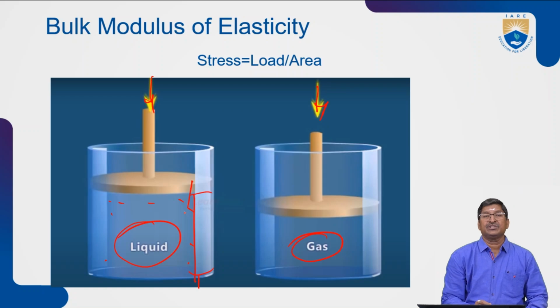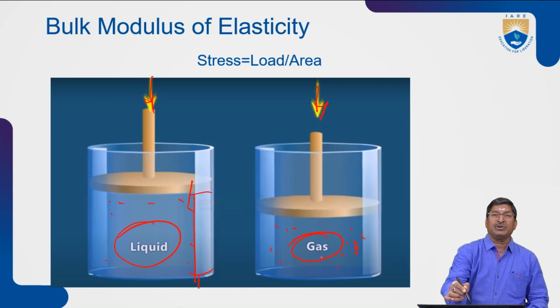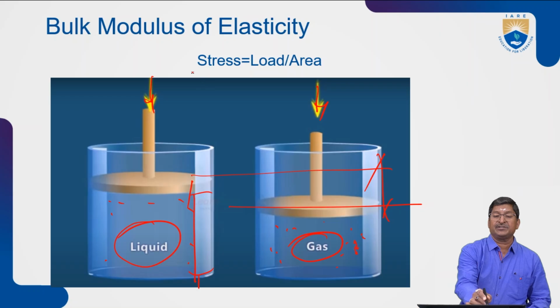That's why liquids are normally called incompressible. Whereas in air, the intermolecular distance of the molecules is more compared to the liquid. Hence, if you apply a load, the volume will decrease. Here you can see stress is nothing but load upon area.